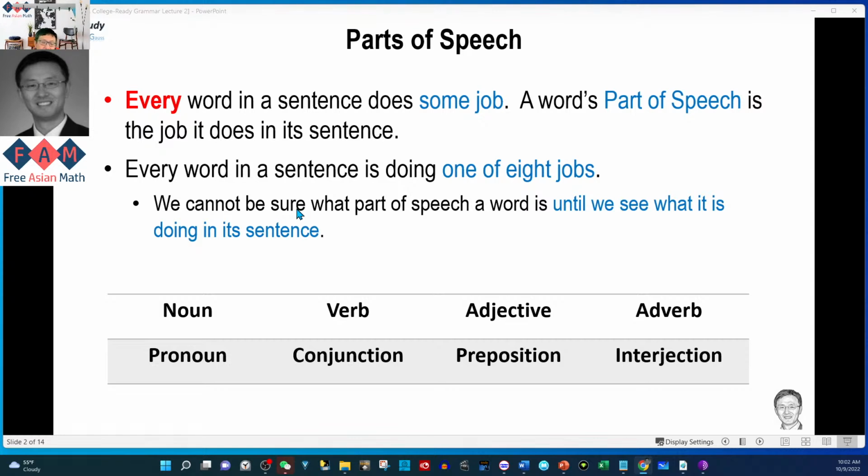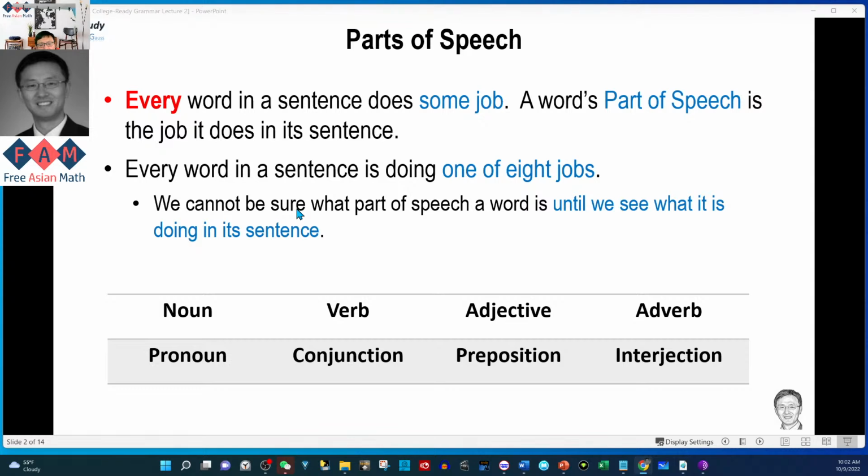Sentences consist of parts of speech, which is just a fancy name for categories of words, English words, and we can classify them into two groups. The first group: noun, verb, adjective, adverb. Those are the most important parts of speech that contain substantive information.